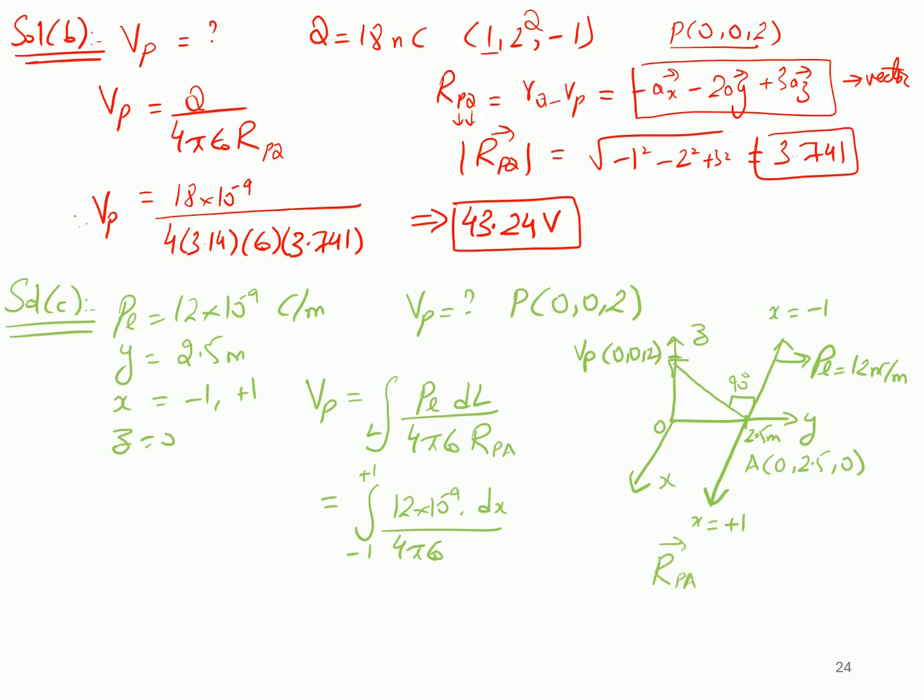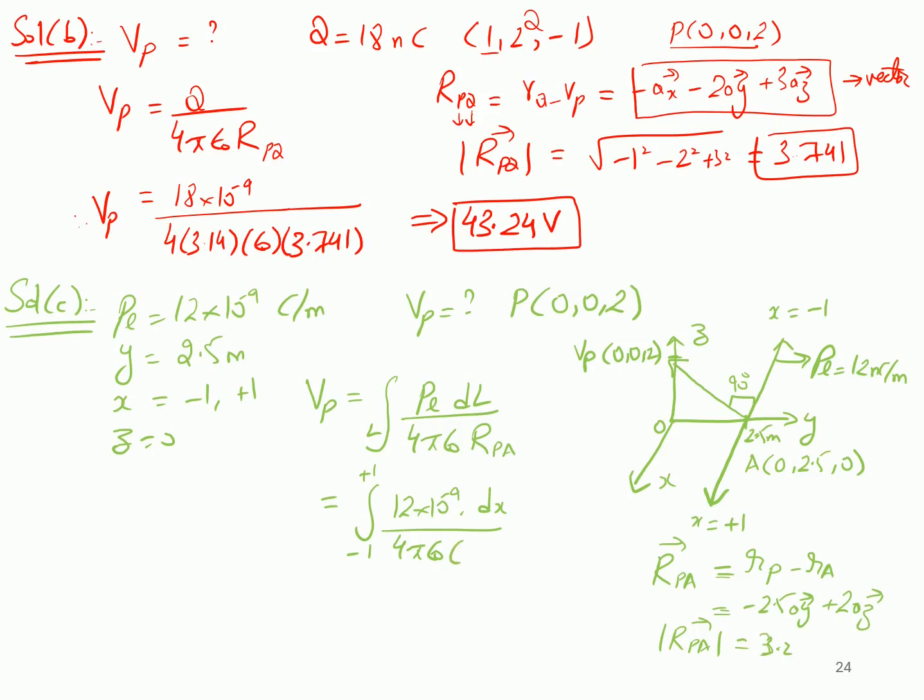If A is initial and P is final, RPA is going to be P minus A. So it comes out to be R of P minus R of A, which is 0 minus 0 equals 0, 0 minus 2.5 is minus 2.5 along a_y, and 2 minus 0 is plus 2 a_z. So this is the direction, and the magnitude then comes out to be, if you take the square, 3.2.